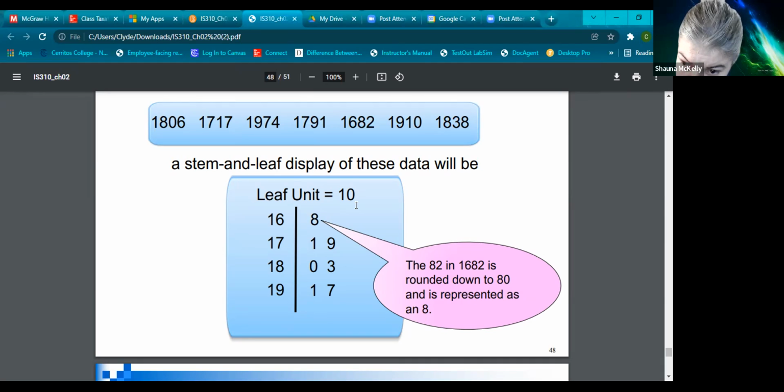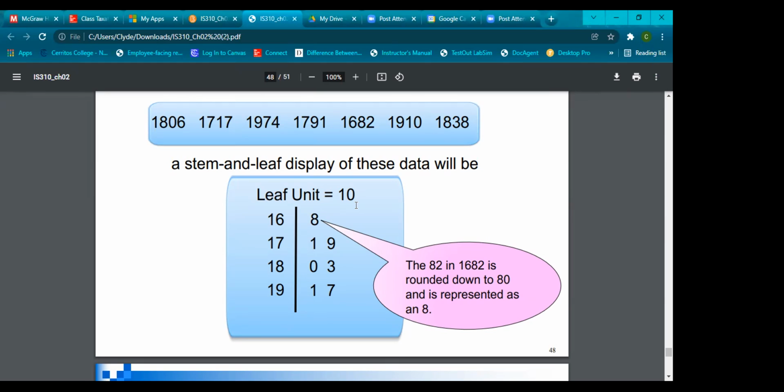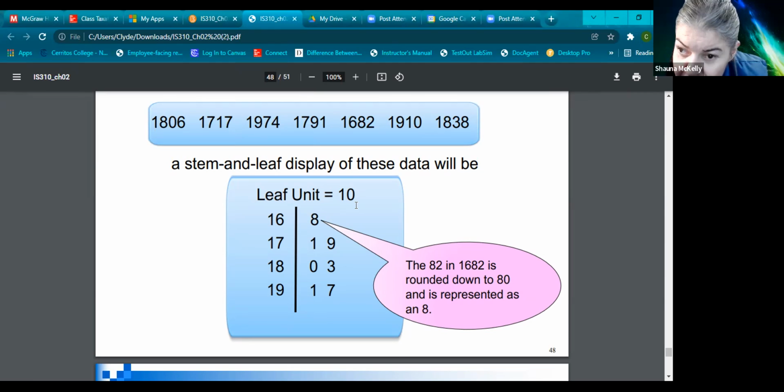And so they rounded it down, which I've never seen. That particular convention, this is the first textbook I've seen that does that. They rounded both of them down. What they did is they rounded all of these units to the 10th. So 1806 would have been rounded to 1810.